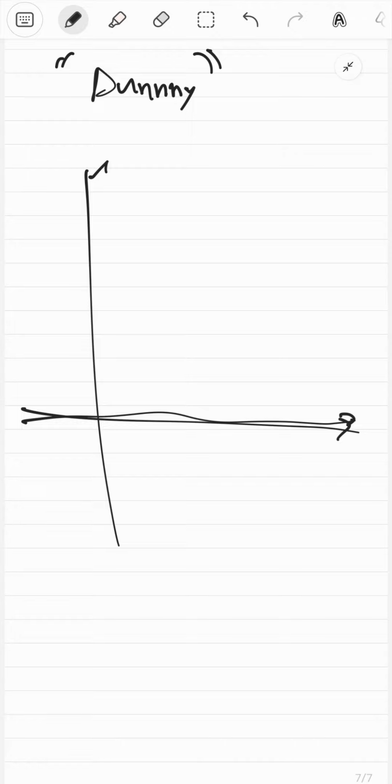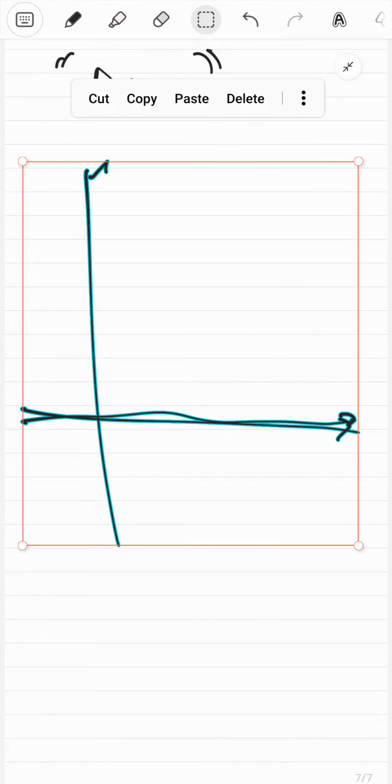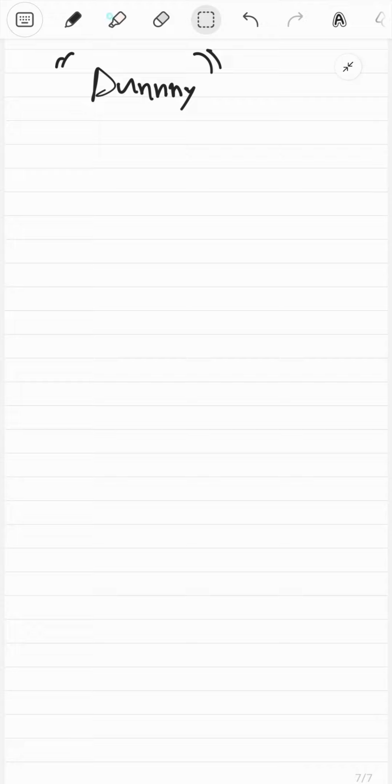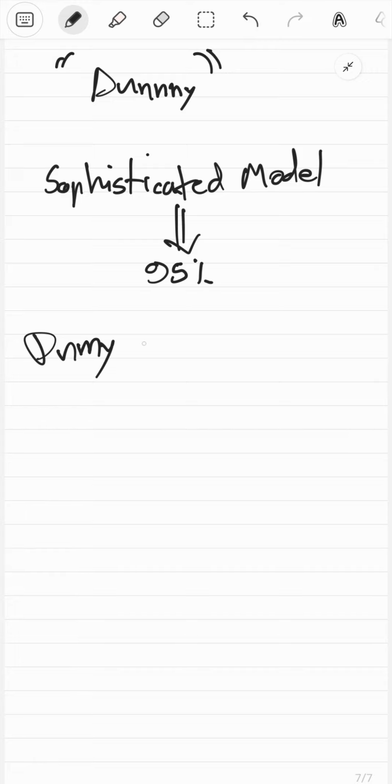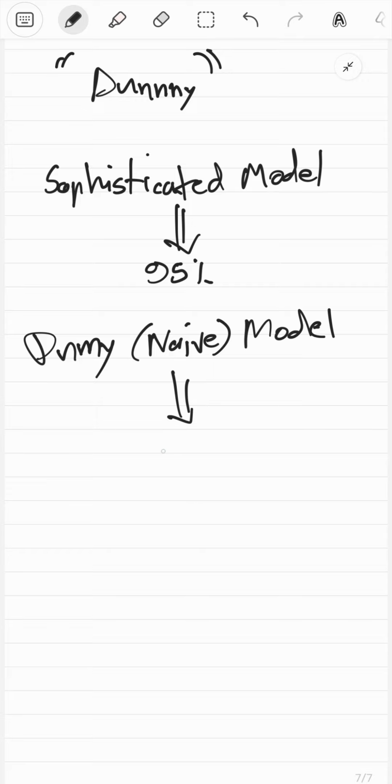Usually the dummy model is just giving us the mean of the targets or the mode. Let's say your real data set is given to a sophisticated model that's giving you an accuracy of 95%, and your dummy model, naive basically, is giving you an accuracy of 93%.